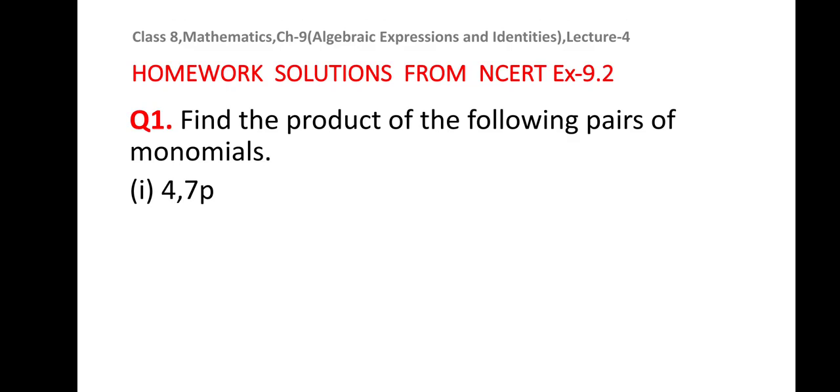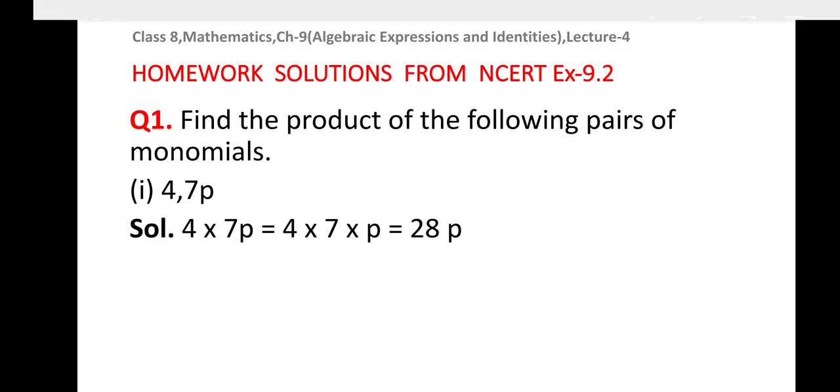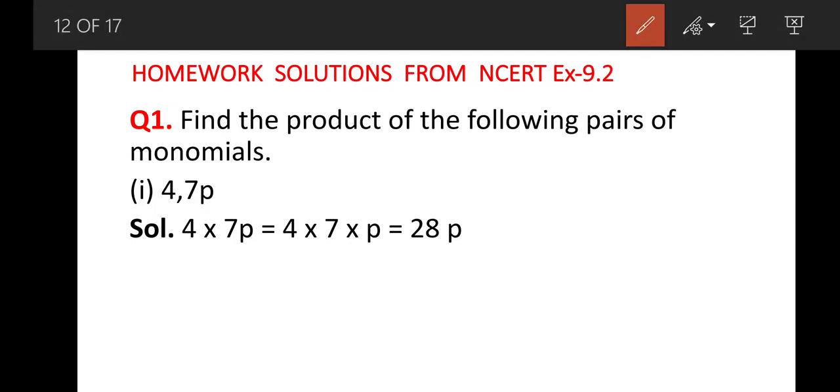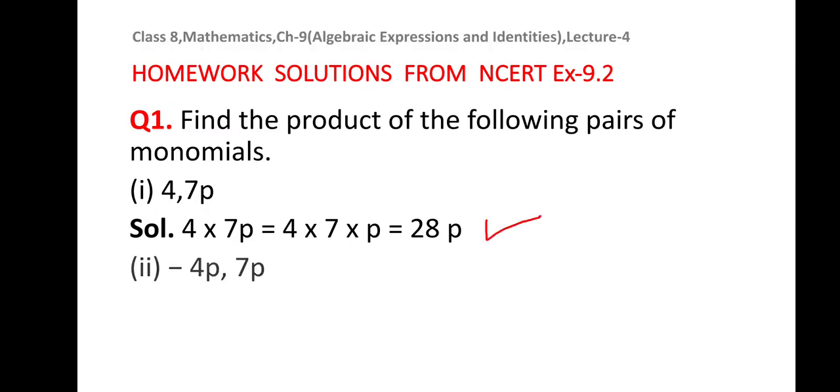Let us see part 1 of question number 1. It is 4, 7p, and you need to take the product of these two. It is very simple. The product of these two will be 4 into 7 into p, that will give you 28p. Simple as this. And then coming to the second part, it is minus 4p, 7p. You are supposed to take the product. It is similar to the first part.